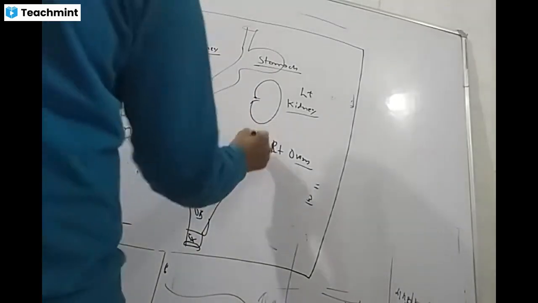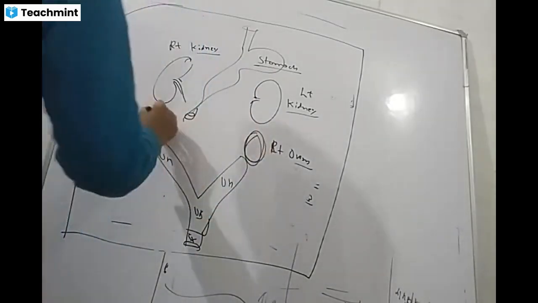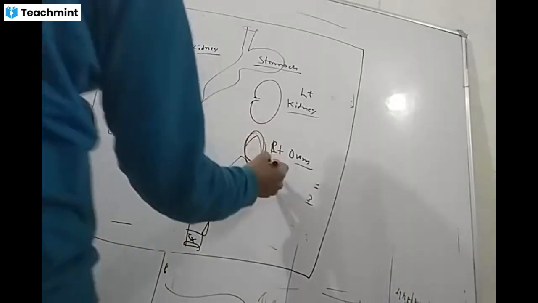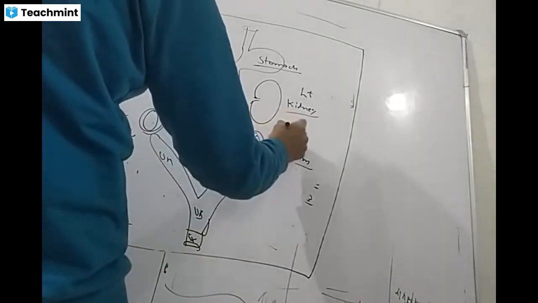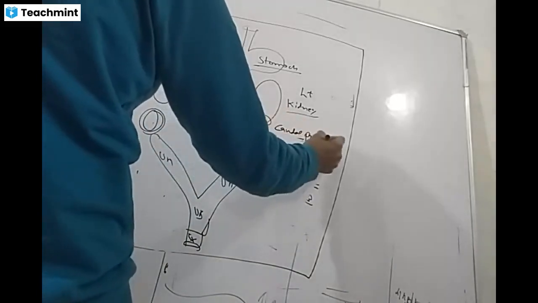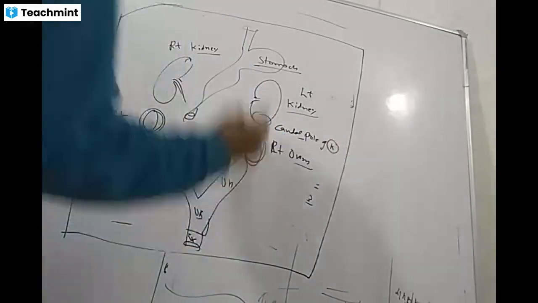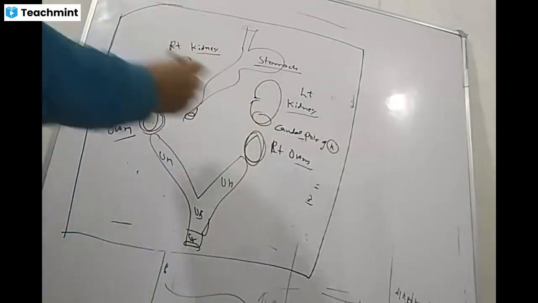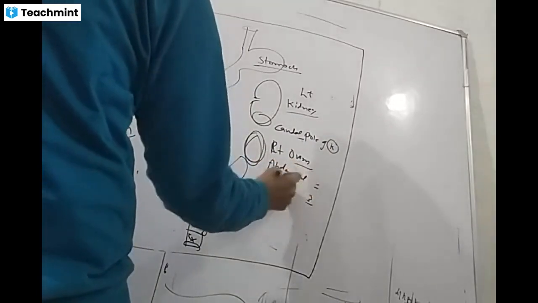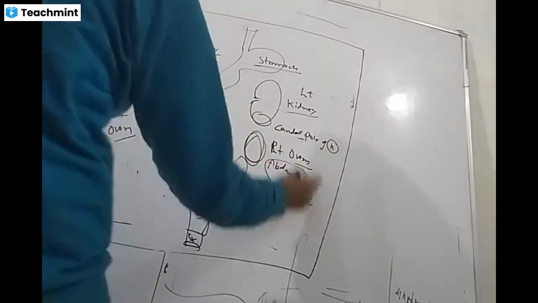If you look at the structure, ovaries are close to the caudal pole of the kidney, and they are close to the abdominal wall.